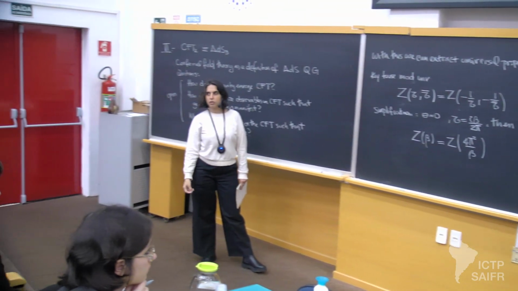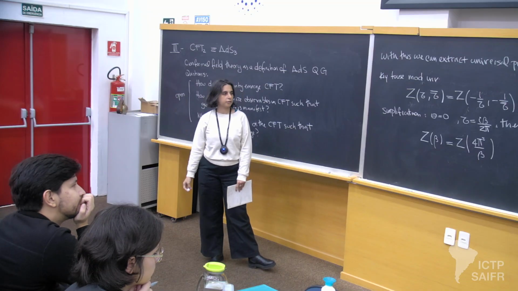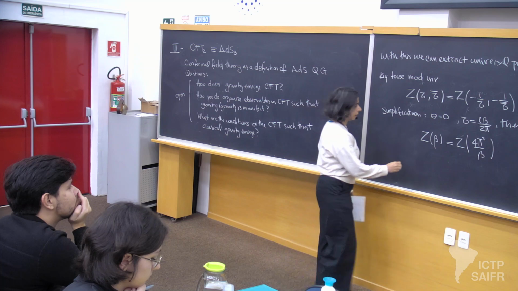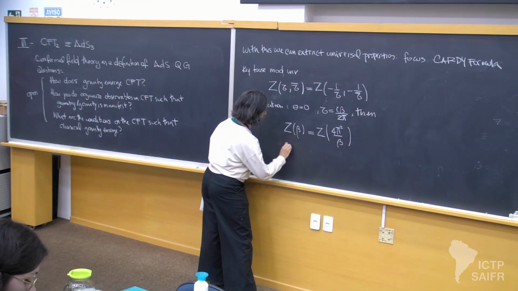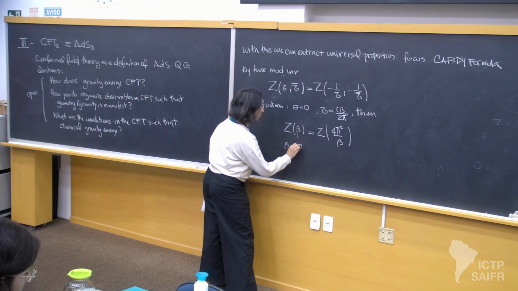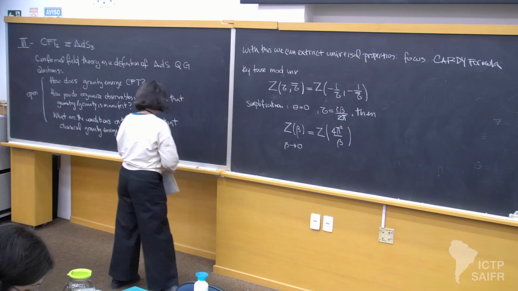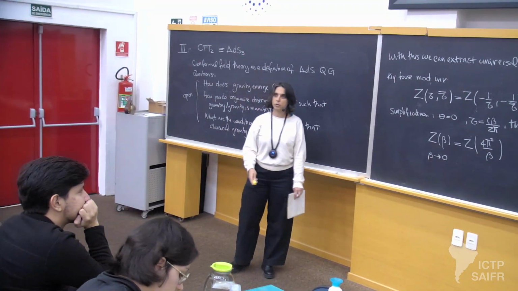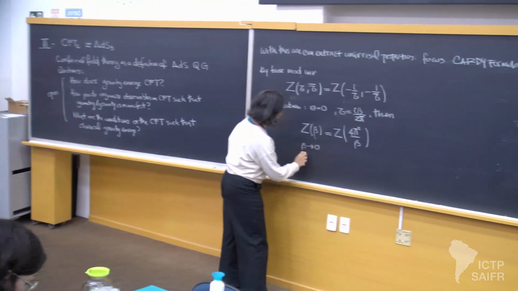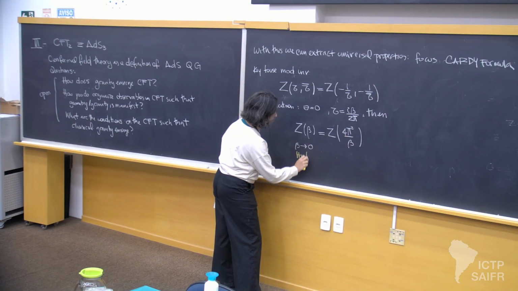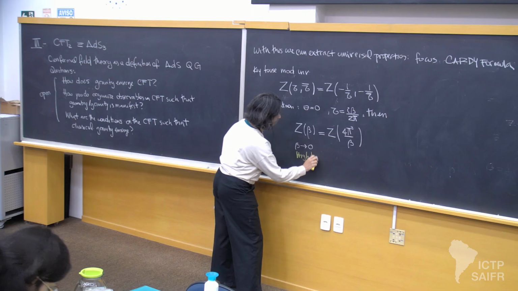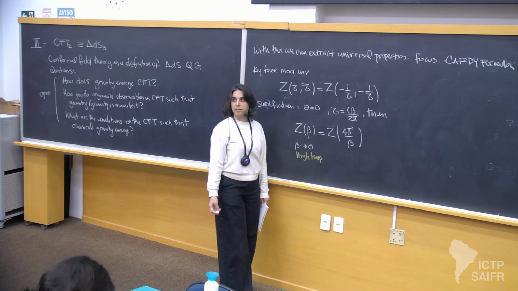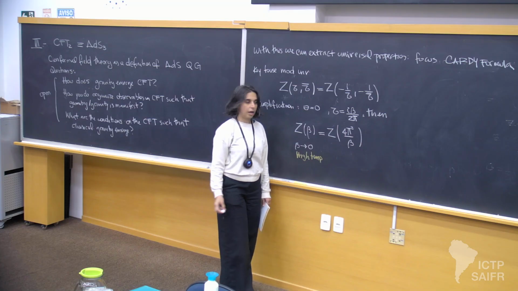Okay? So what does that equation tell us? If I take beta to be very small, so what is small beta? It's high temperature. So if I evaluate the partition function at high values of the temperature, it's the same as evaluating the partition function at low temperatures.